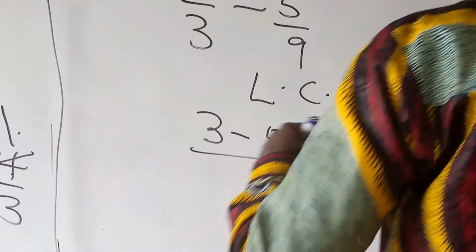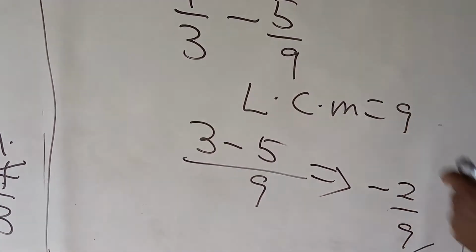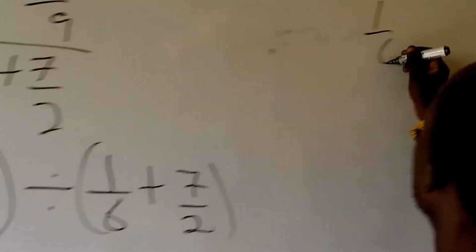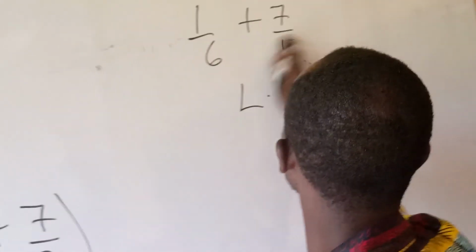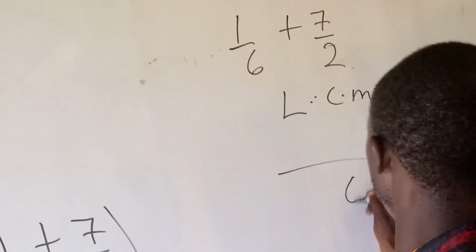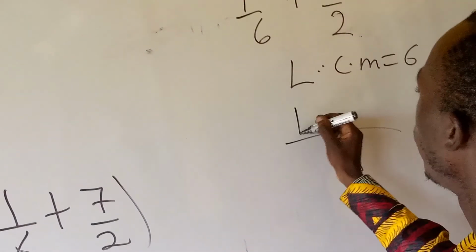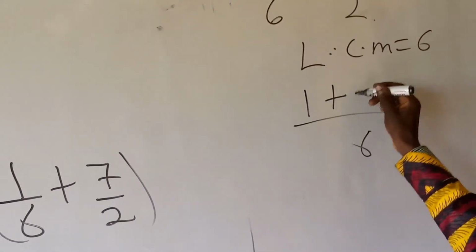Now we finish working this one. Let's take this one. We have 1/6 plus 7/2. Our LCM is 6. So 6 goes into 6, how many? 1. 1 times 1, 1. Plus 2 goes into 6, 3. 3 times 7, 21.